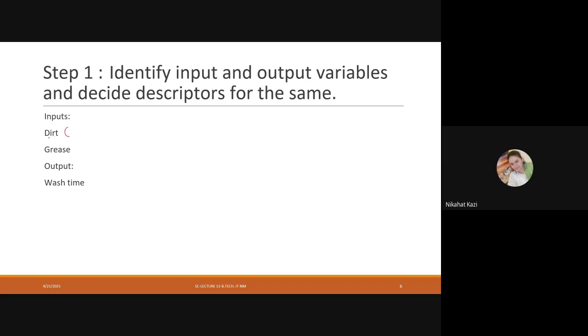So let us decide the descriptors for dirt and grease. Since there are 3 descriptors, we will talk in terms of percentage. For dirt and grease, let us talk in terms of percentage, so let us assume that dirt is 0% to 100%. This is your assumption, so you have to write your assumptions.